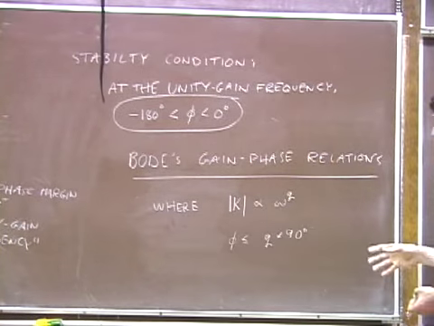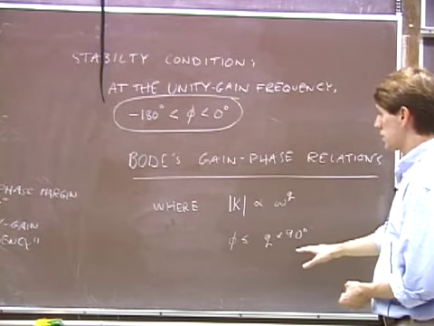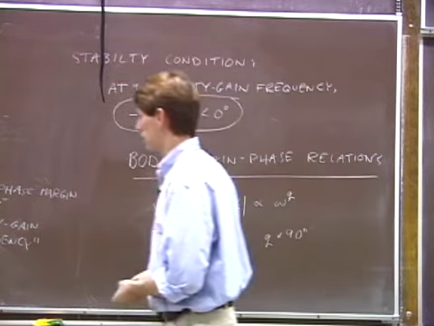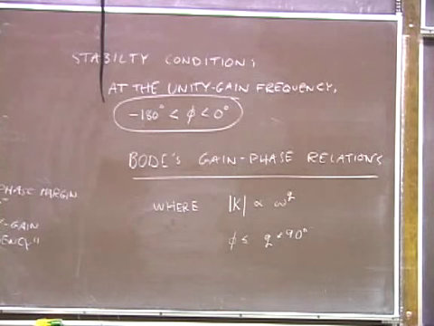And this is one of the things that we use a lot. We say, well, if we need so and so much phase margin here, then we'll just simply roll it off according to this frequency dependence.